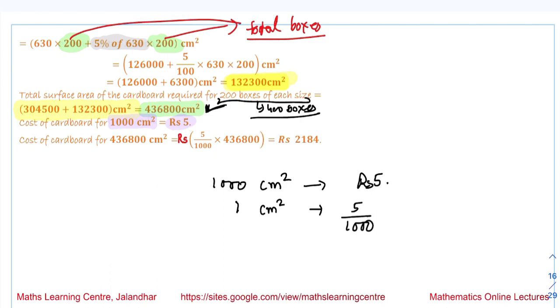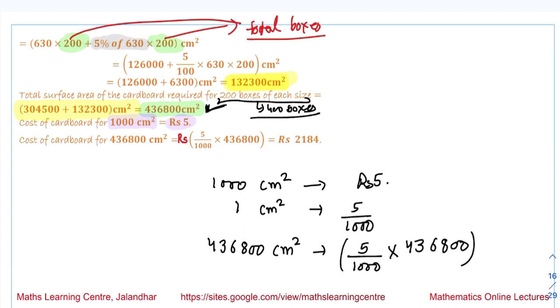Now the cost of cardboard for 436,800 centimeter square will be 5 by 1000 into 436,800 rupees. When you solve these values, the answer you get is 2184 rupees. So this is the cost of the cardboard required for making these boxes.